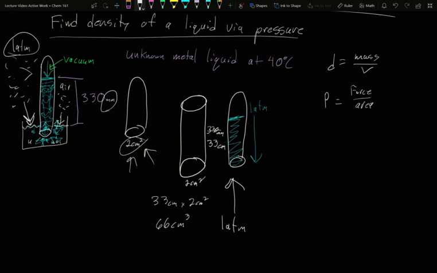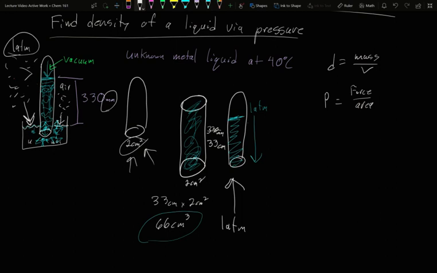The total volume of all the material inside that tube is equal to 66 cubic centimeters. That is the volume of this unknown liquid in our 330 millimeters of height in this particular tube.